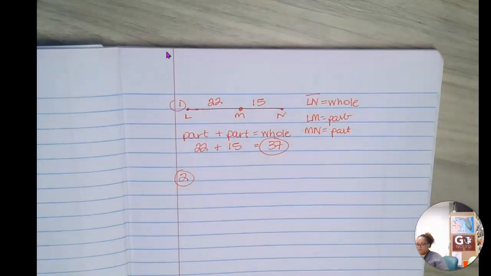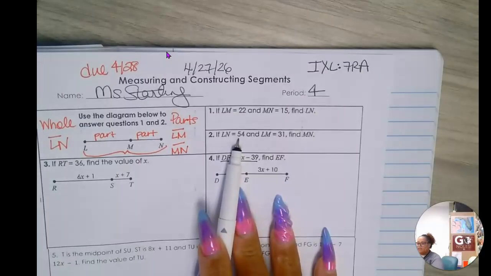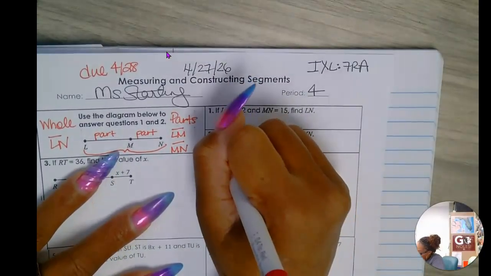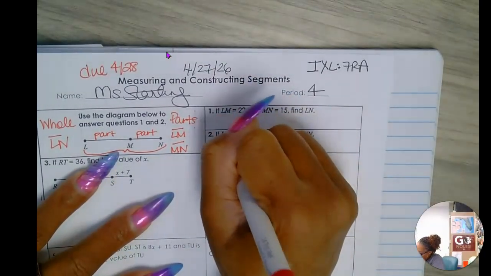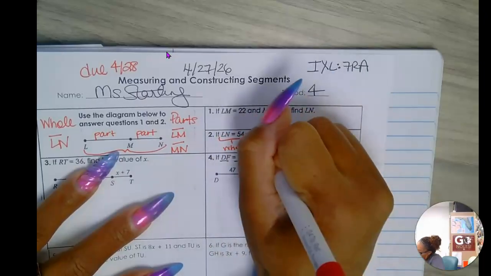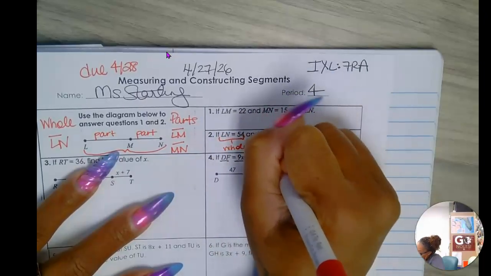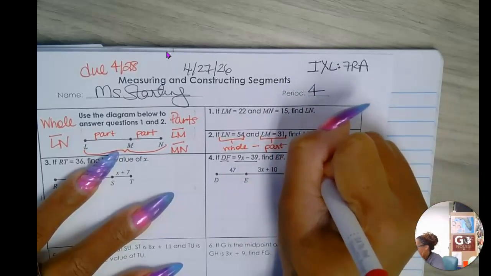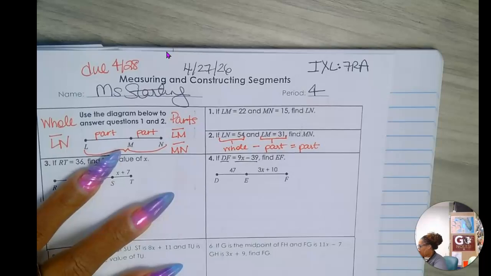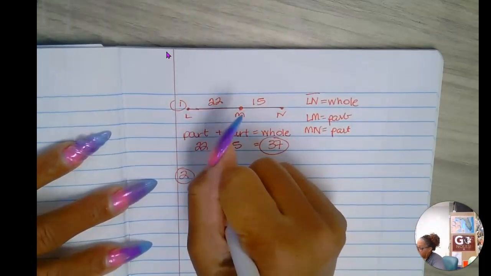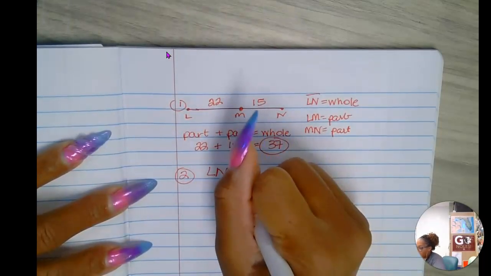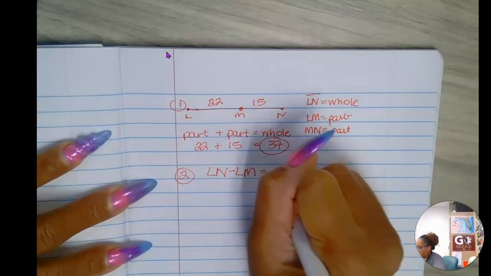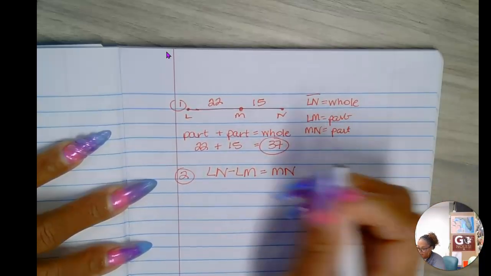Number 2 says, if LN is 54, so that's my whole, and a part is 31, then I've got to subtract the two to find the other part. So it's LN minus LM equals MN.